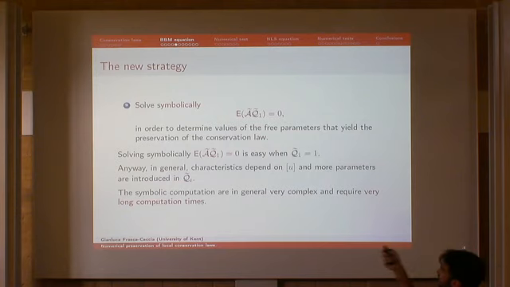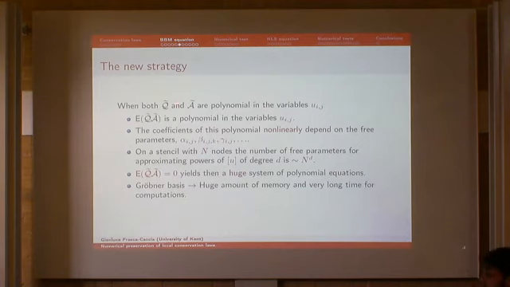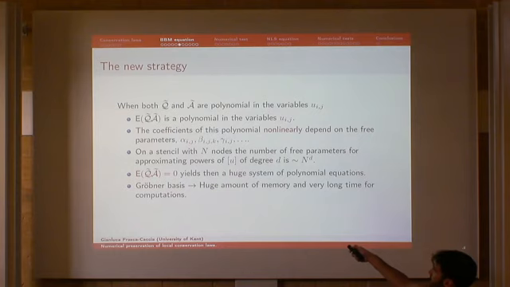And solving this condition symbolically is very complicated and in general requires very long computation time. To better understand this, we can see what happens in our case, where everything is polynomial in the variables u_i, u_j. So when you multiply Q tilde with A tilde, since they are both polynomials, and you don't have any other kind of nonlinearities in the BBM equation, you will still get a polynomial.